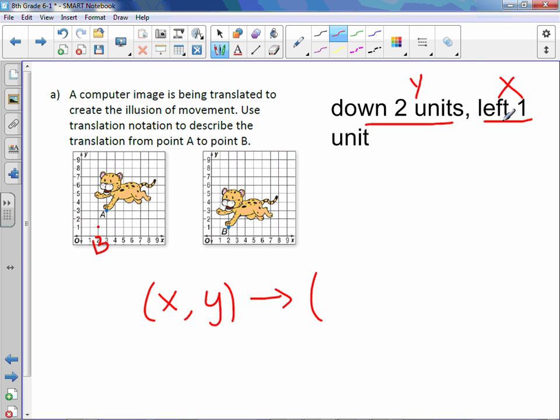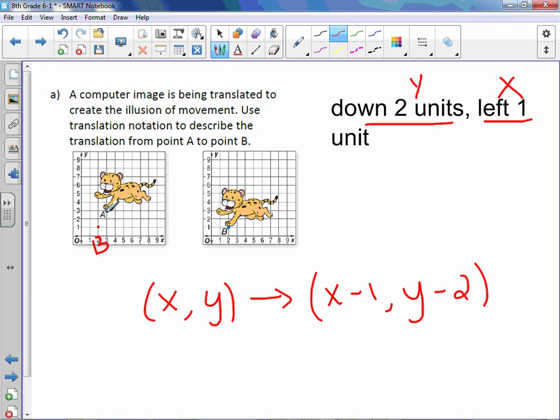So if we went left 1 unit for x, we are really taking our x value and subtracting 1. If we went down 2 units for y, we are taking our y coordinate and subtracting 2. So when you go down or left, it's minus. When you go up and right, it's plus. And you just take that x coordinate and subtract 1, y coordinate and subtract 2.